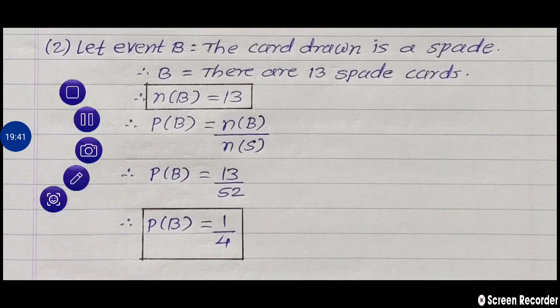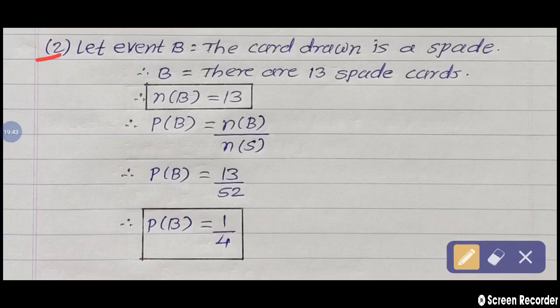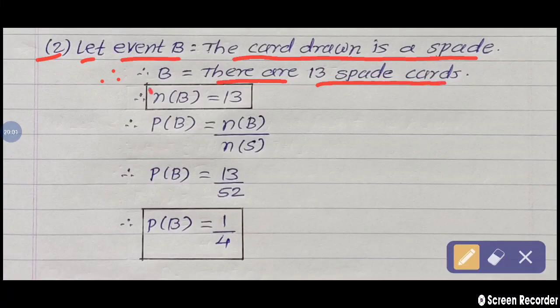Second event, let event B be the card drawn is a spade. Therefore B is equal to, how many spade cards are there in 52 playing cards? Total 13. So n of B is equal to 13.